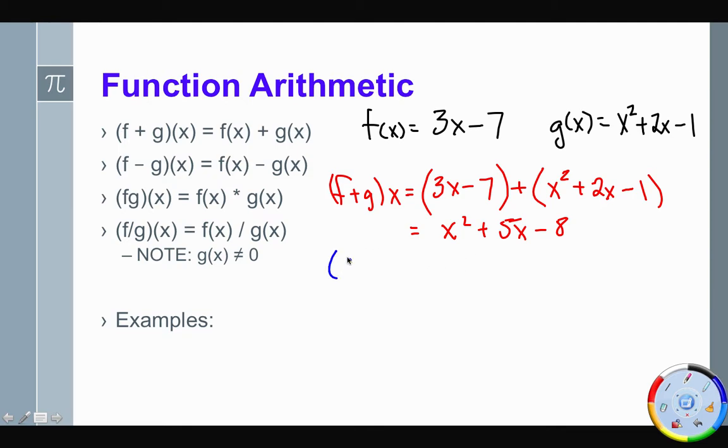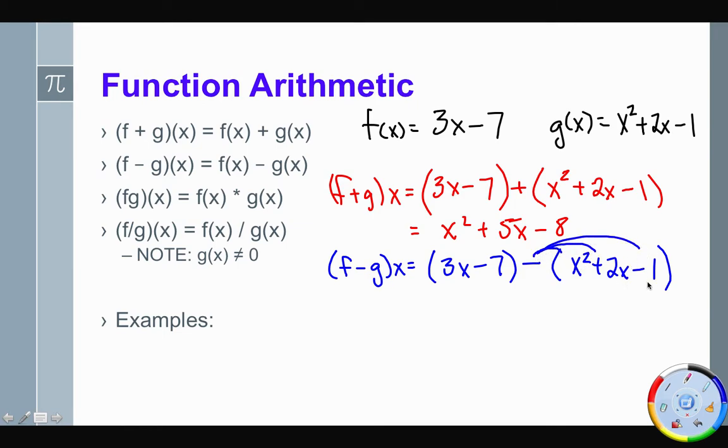Sticking with this, we could say f minus g of x. We're going to do the same idea here. In this case, however, we're going to subtract. And you have to remember, when you subtract, that essentially means we're going to distribute this minus sign. All three pieces get the minus.